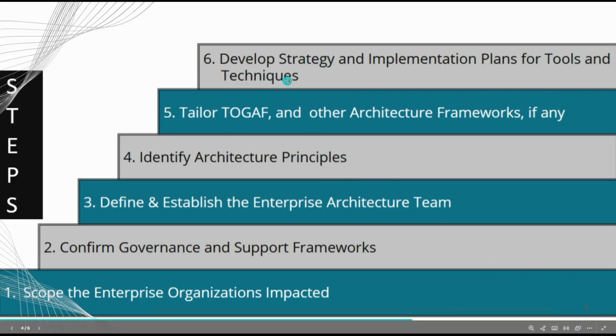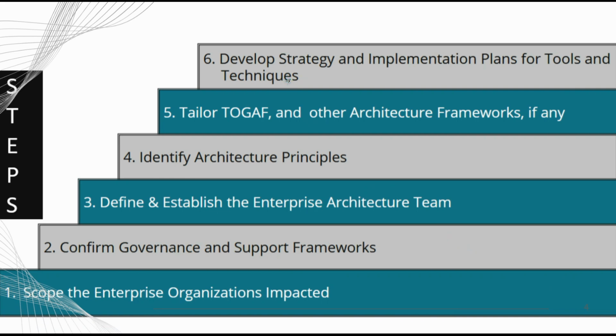The last step is develop strategy and implementation plans for tools and techniques. To ensure the enterprise architecture practice has the right tools, right methods, and right platforms for modeling the architecture, for modeling how the data is, how the organization is, and how the organization has to operate, and to manage the roadmaps so that the short-term vision, the long-term mission, and all those business drivers or business principles are achieved by delivering the roadmap on time.